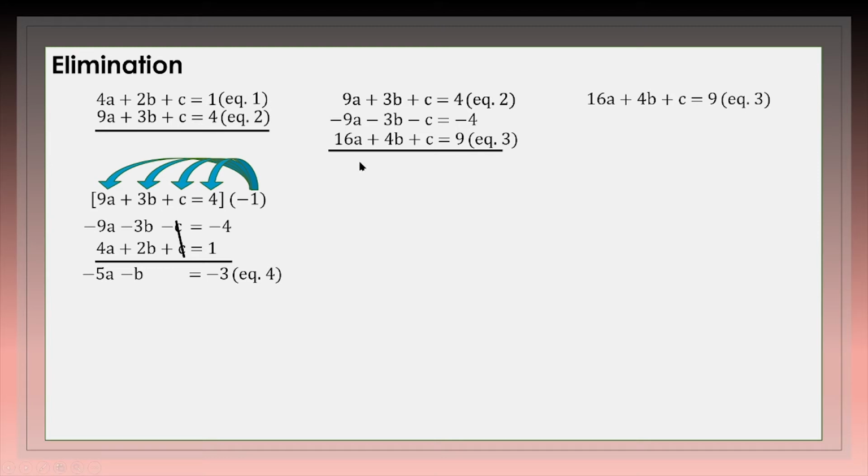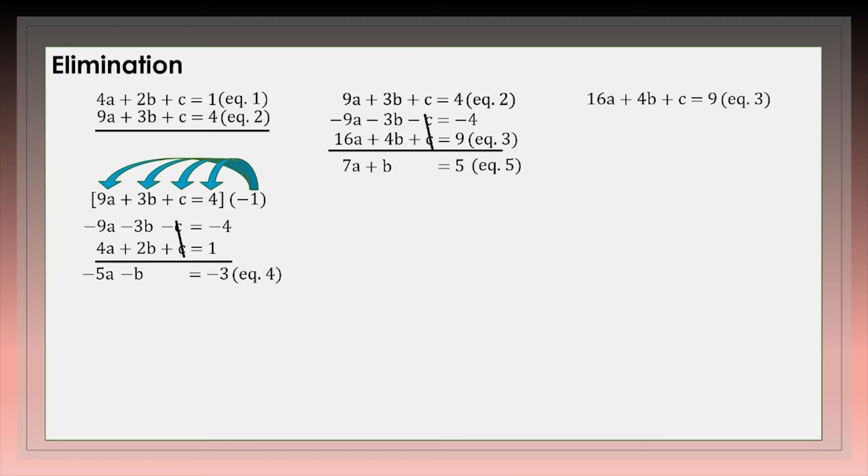Okay, so subtract na natin. So, negative 9a plus 16a is 7a. Negative 3b plus 4b is positive b. So, cancel ulit natin. Negative 4 plus 9 is positive 5. So, this will become the equation number 5.